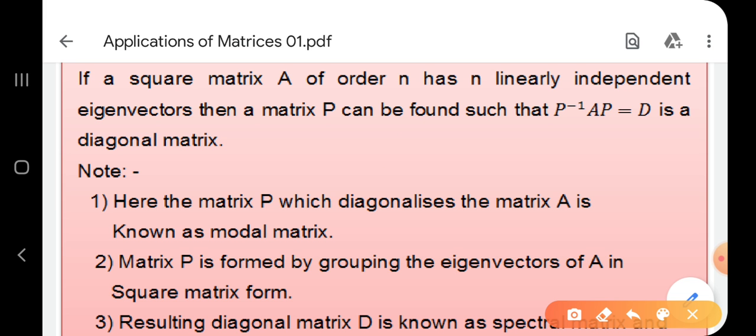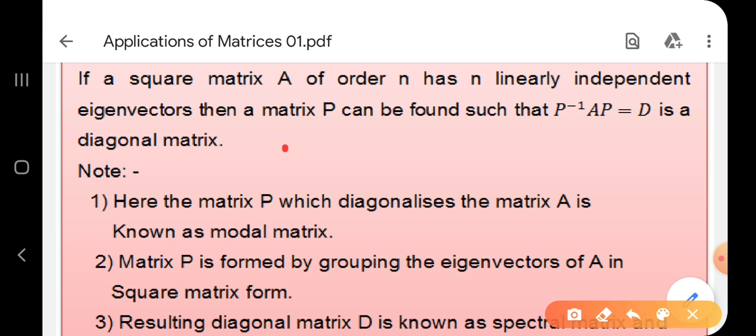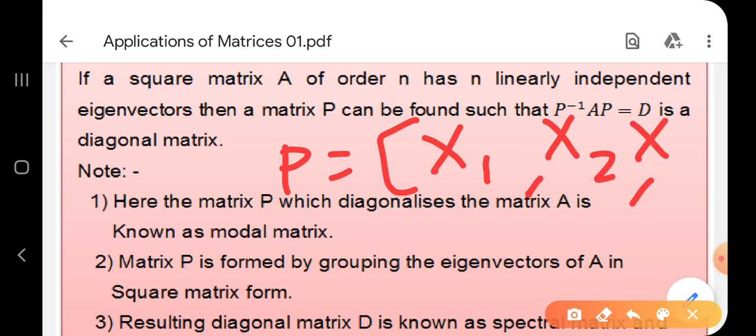Matrix P diagonalizes matrix A, and that matrix P is called the modal matrix. We can write the modal matrix P equal to x1, x2, x3, up to xn, meaning the eigenvectors.